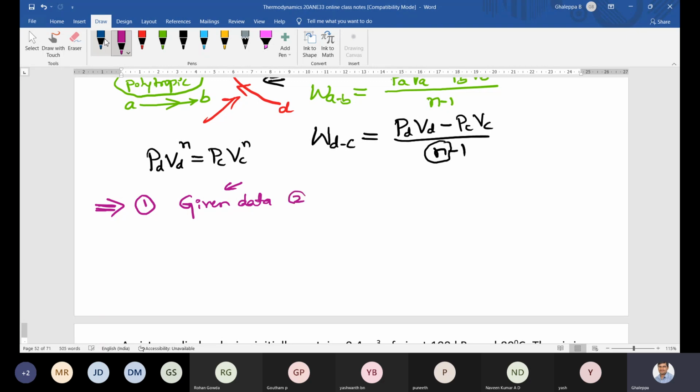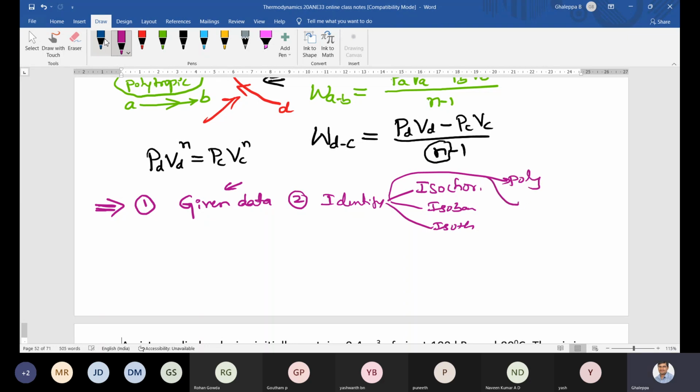Second, identify the process, whether it is isochoric, isobaric, isothermal, polytropic or adiabatic. Identify out of these 5 which process is given in the numerical. Third, write down the work done expression for the given process.